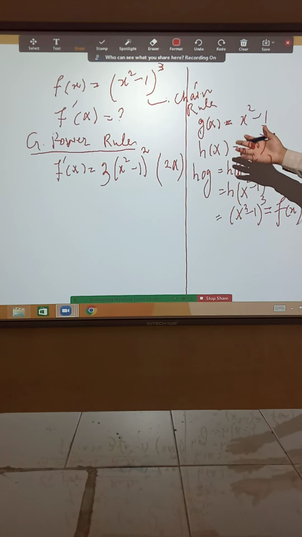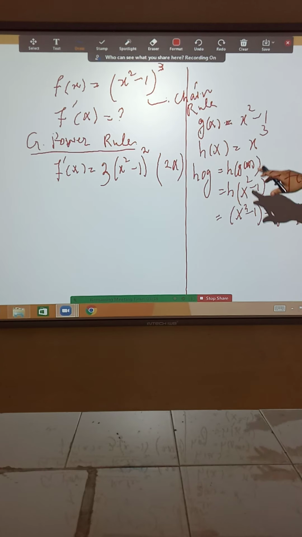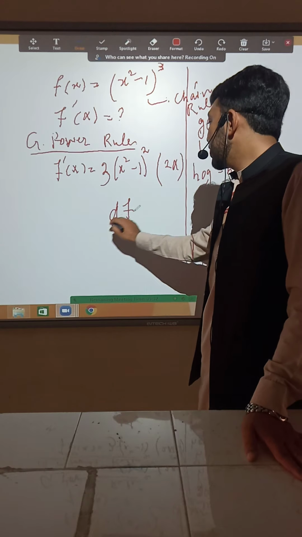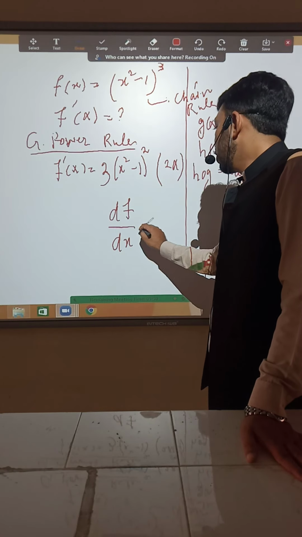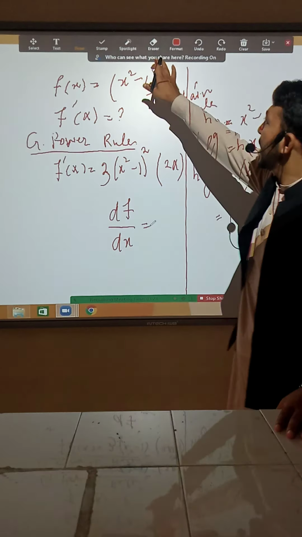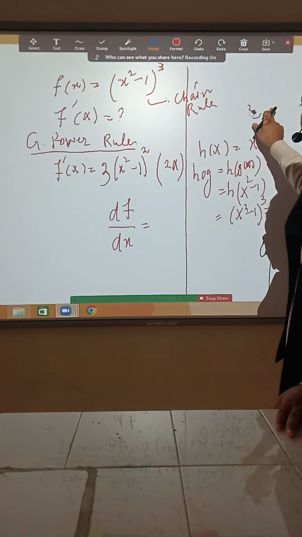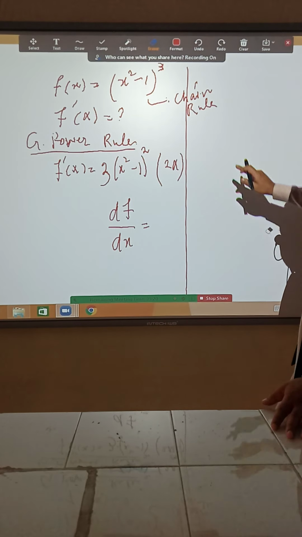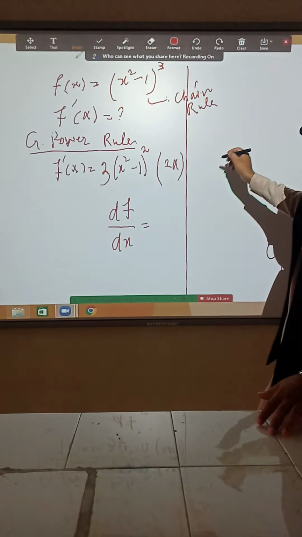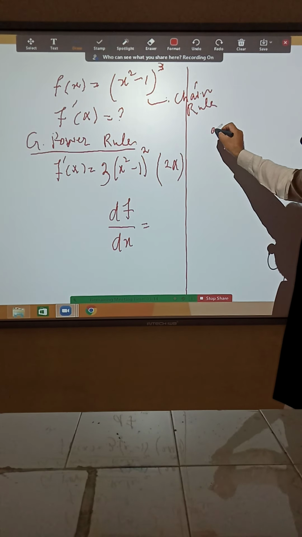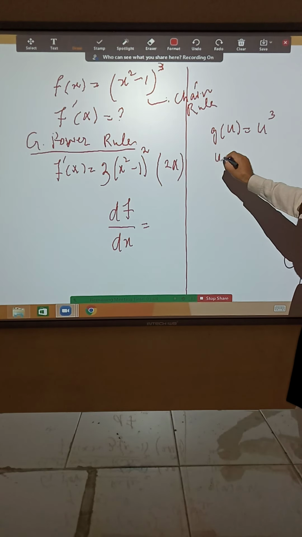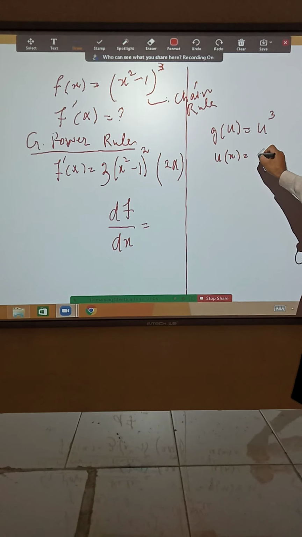So यहाँ पे आपके पास अगर chain rule में आपने इसको find out करना है, तो actually if you are finding the derivative of f with respect to x by chain rule, so वो हमारे पास क्या होगा, इसको थोड़ा सा आप देख लें, इसको आपने इस फॉर्म में कन्वर्ट करना है, वो आपके पास हो जाएगा, let's say that is equal to g of u is equal to u cube and u of x is equal to x square minus 1.